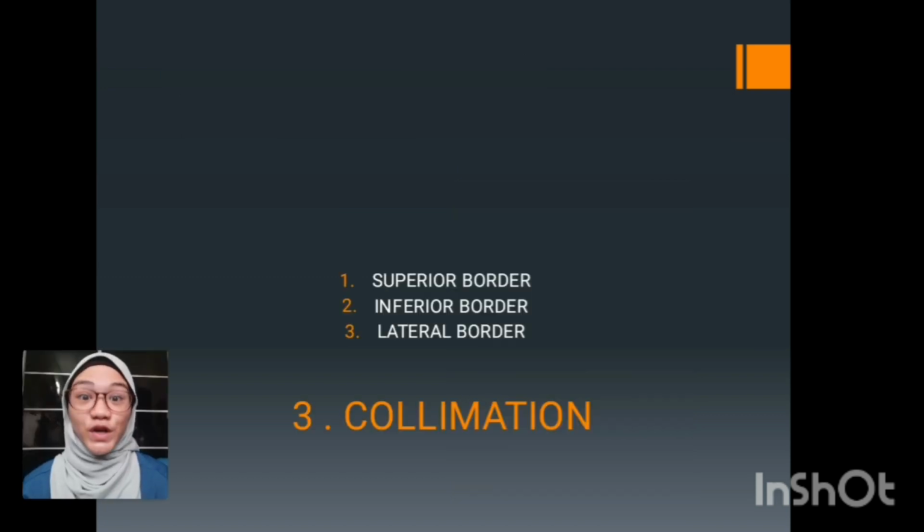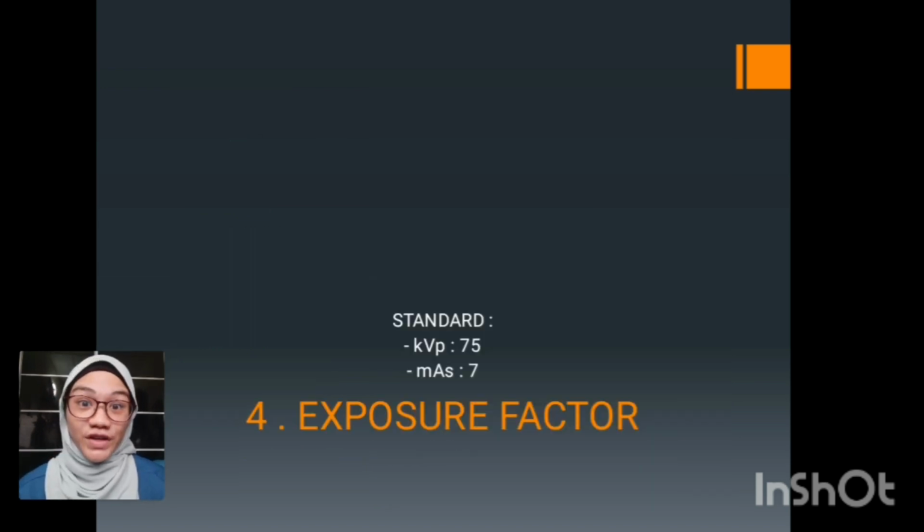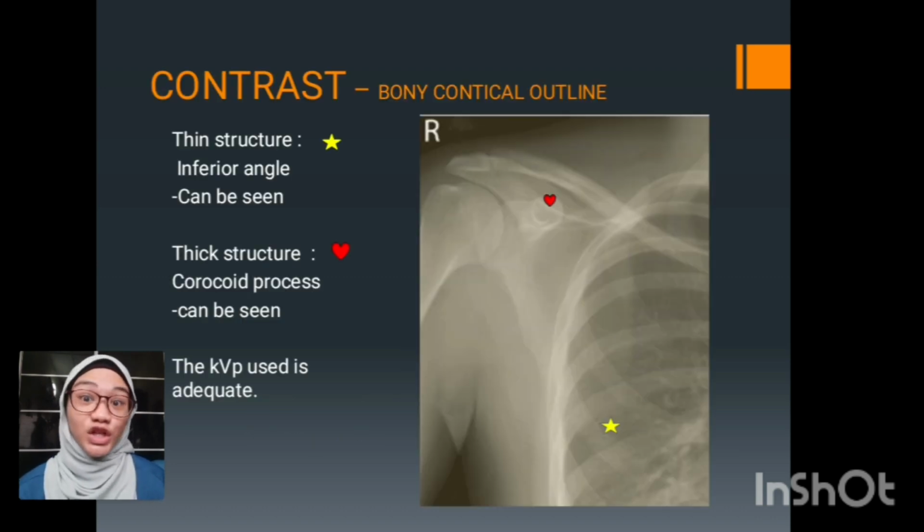Third criteria, collimation. At the superior border, it should include the acromion, clavicle, and coracoid process. At the inferior border, it should include the inferior angle, lateral border, and vertebral border. At the lateral border, the structures should include the lesser tubercle, glenoid cavity, and lateral border. The fourth criteria is exposure factor. First, contrast.